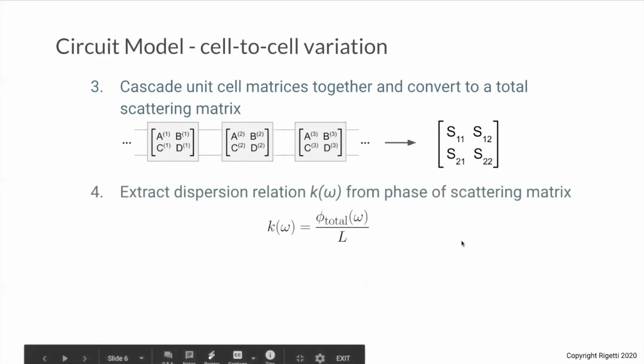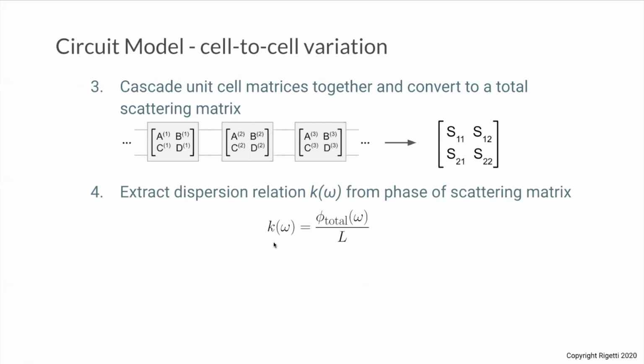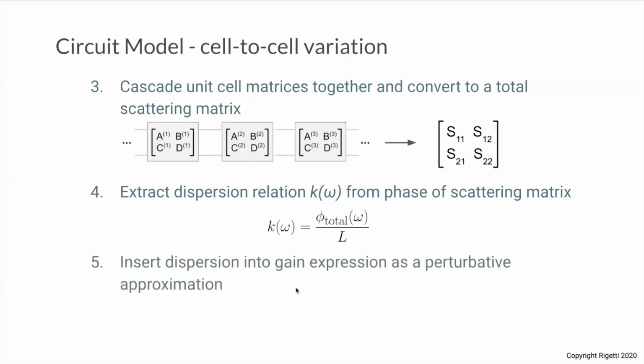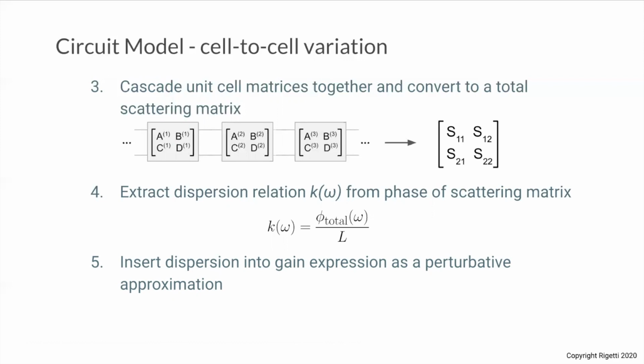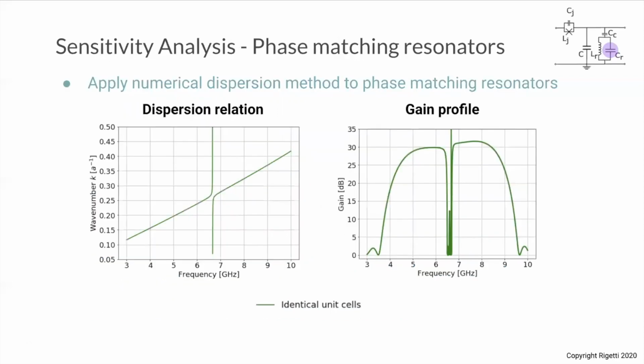We take the scattering matrix, take the phase of it, and extract the dispersion relation, because the wave number is simply proportional to the total phase accrued across the TWPA. Then we insert the dispersion relation into the aforementioned gain expression as a first-order perturbative approximation. And finally, we repeat many times to obtain statistics on the gain.